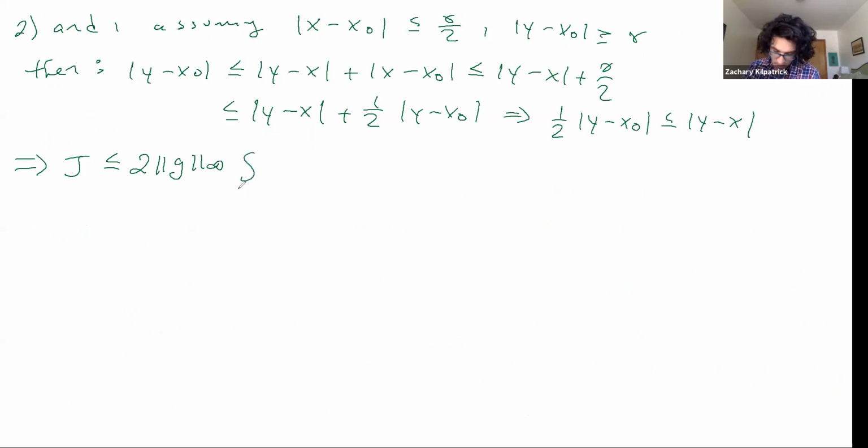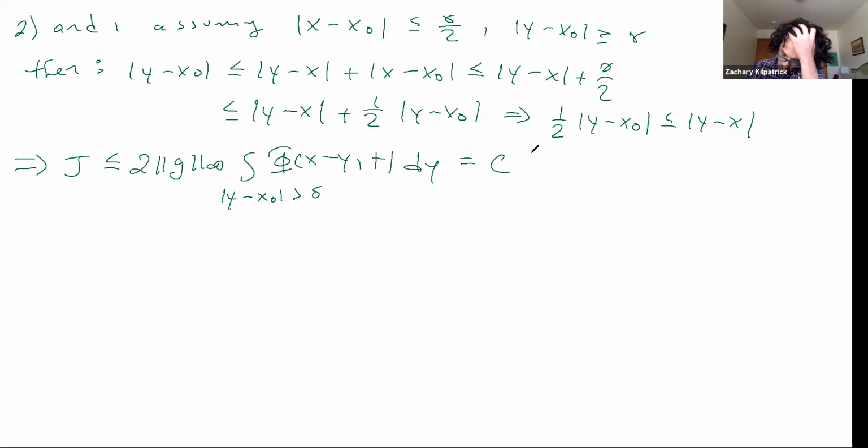And then what remains now is just this integral, right? y minus x greater than delta, phi of x minus y, t, dy, okay? And this is equal to basically the constants involved in the scaling of my Gaussian, right?